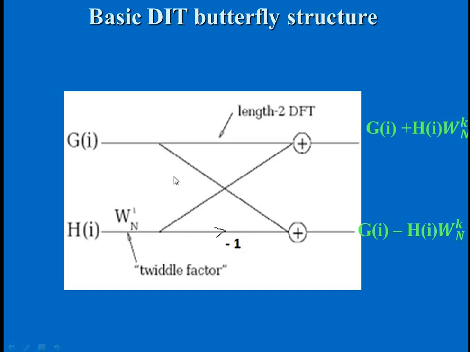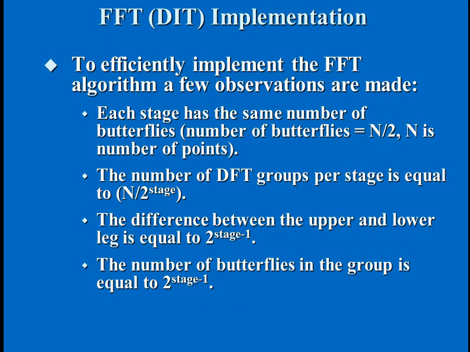In DIT we have the twiddle factor first, and then the butterfly structure. So twiddle factor and then butterfly structure, and this is the formula. Now we'll discuss the number of stages based on a numerical problem. Before that we have some observations.